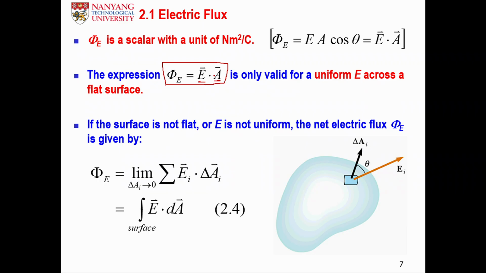Right? And again, if either of them is not uniform, the general approach to determine the total flux is like this. If it's a finite number of surfaces, then you just do this for each flat surface and add them together, and you will get the total flux.